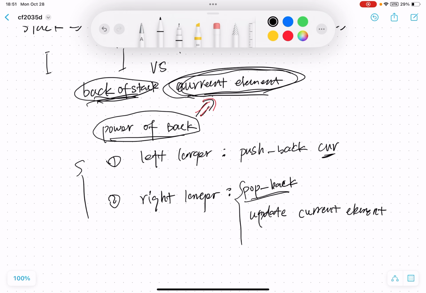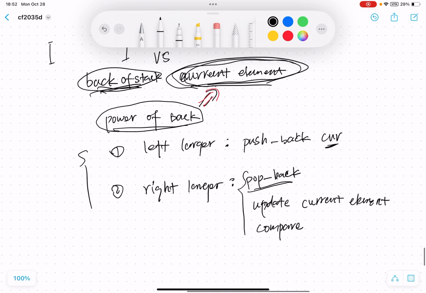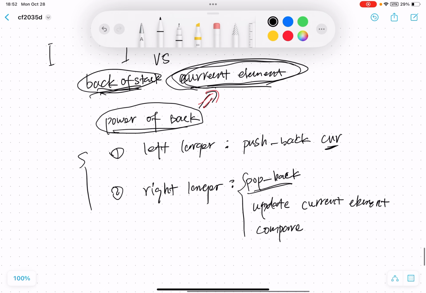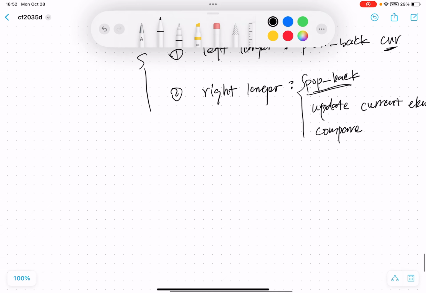The next thing we need to do is compare the back of the stack and the current value again, and do it again. So this is the strategy about the solution to solve this problem. I hope I express it clearly. If you have any confusion about that, welcome to submit a comment below this video.